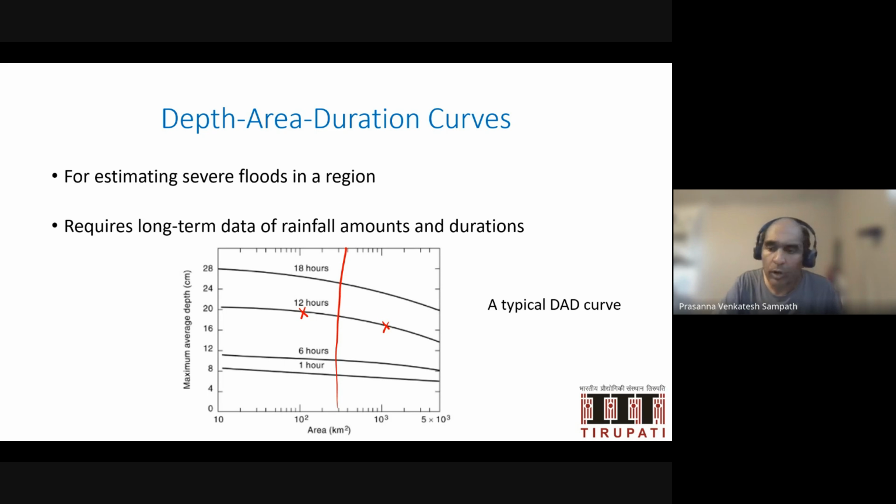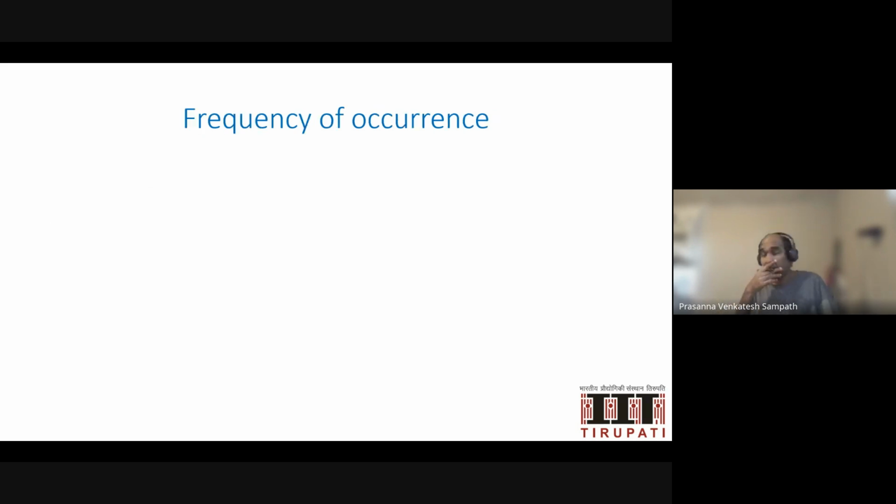Okay, let's move on. Now, as soon as I say that I know how much is the maximum rainfall that can happen over a certain region for a certain duration and so on, the next question that becomes interesting to me as a civil engineer who has to plan the size of my infrastructure is the frequency of occurrence. How often will such an event happen, right?